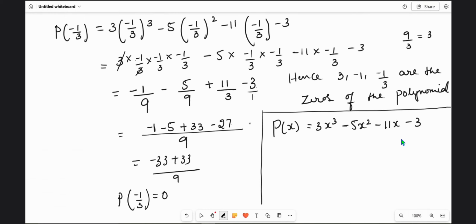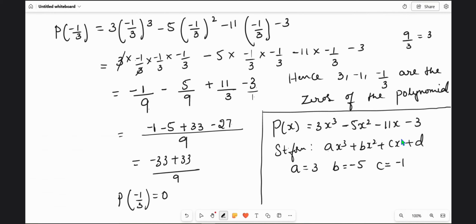So here, in the standard form, you can write it as ax cube plus bx square plus cx plus d. Correct? When you compare, a is equal to 3, b is equal to minus 5, c is equal to minus 11, d is equal to minus 3. Now you have to verify the relationship.